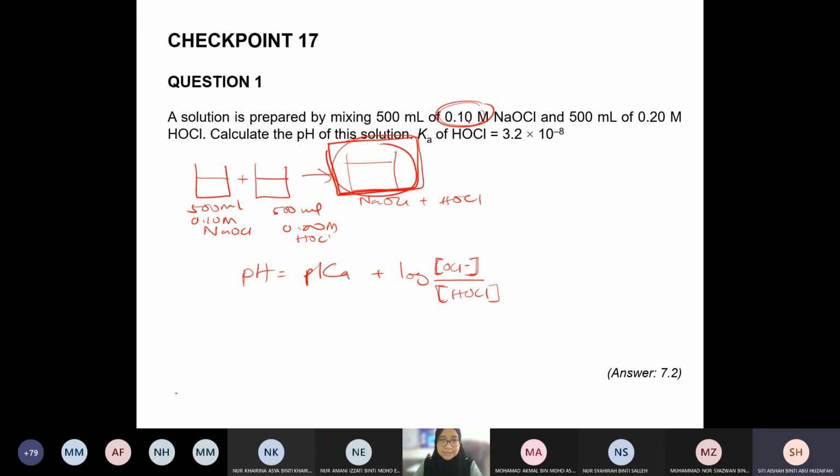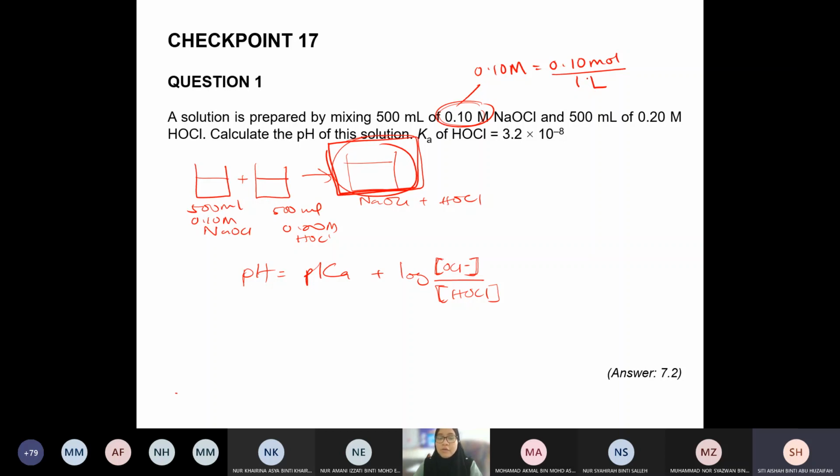This is for 1 liter. The mole is 0.1. Betul tak? Kalau you extract out 0.1 molar is also equal to 0.1 mole per 1 liter, right? Okay, that means this is for 1 liter.